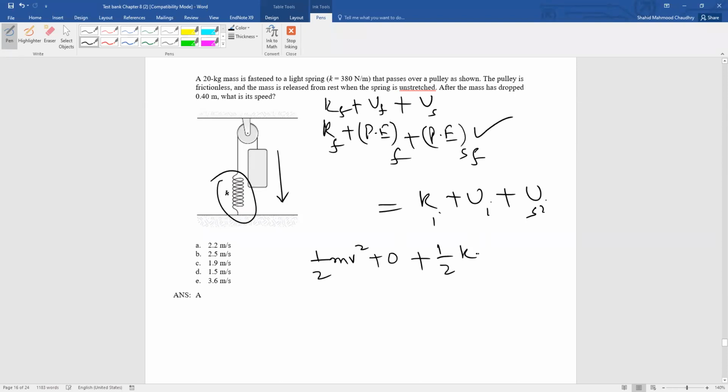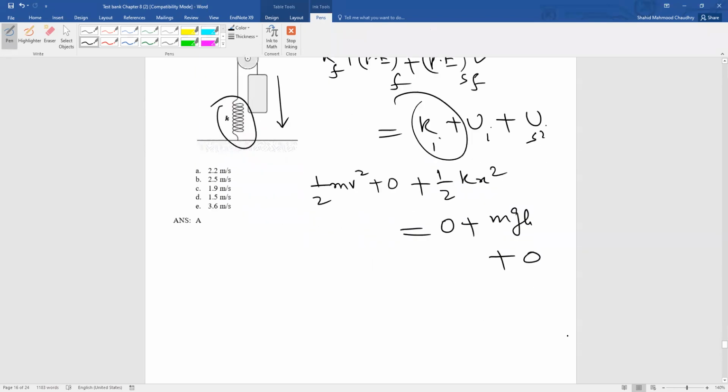It is not 0, it is 1/2 kx square, is equal to kinetic energy initially, it is not moving, 0, plus mgh, because initially it is at some distance, plus on this side no spring, 0. Now you apply this equation and solve it.